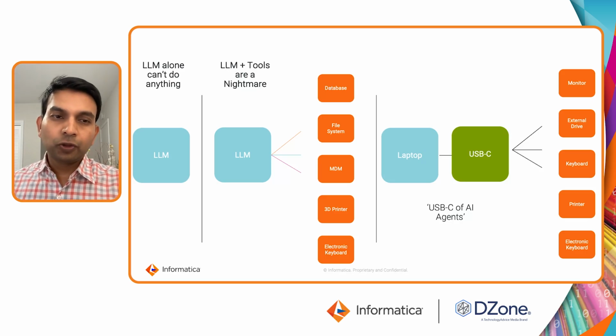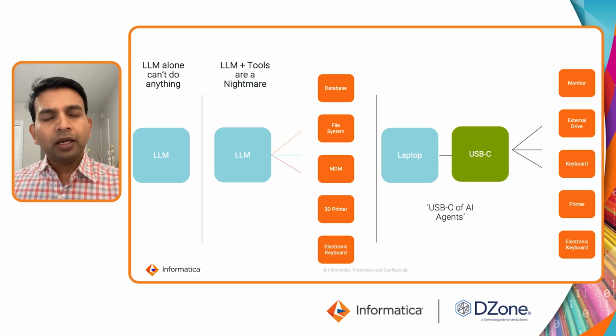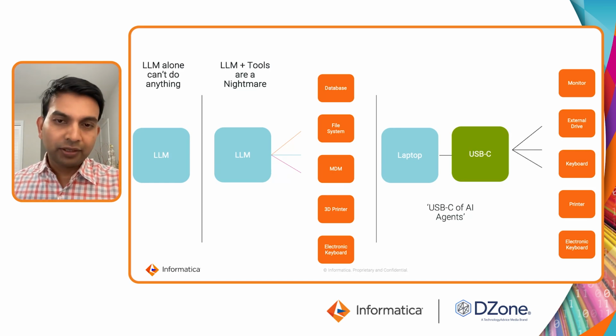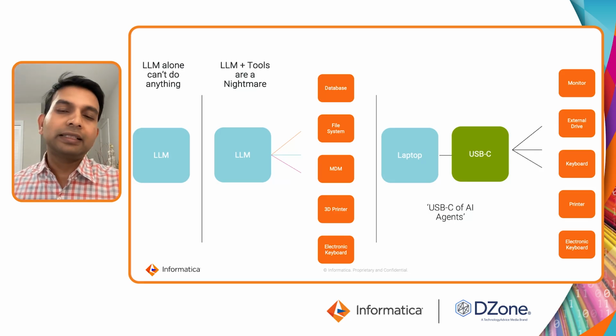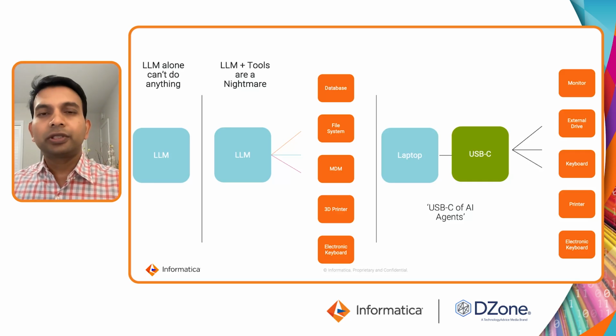Now, with USB-C, it gives you one standard so that multiple devices can connect to it instantly. That's exactly what MCP does for AI agents. It's the USB-C for AI, one protocol that lets any AI ML model connect to any enterprise. So you write once and use everywhere.